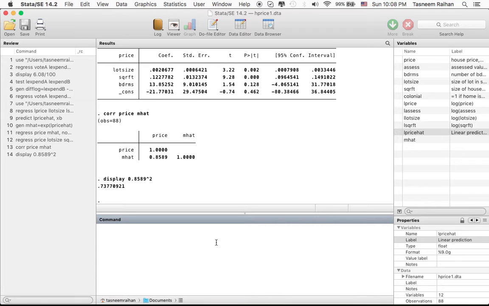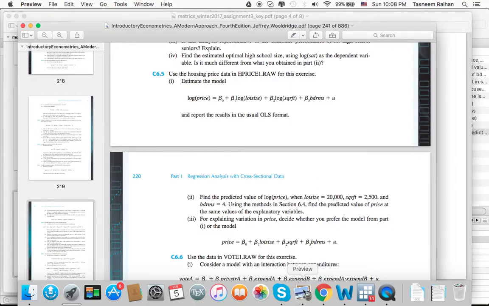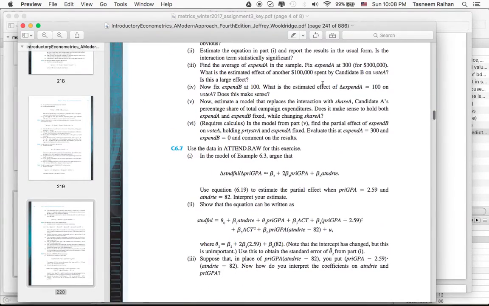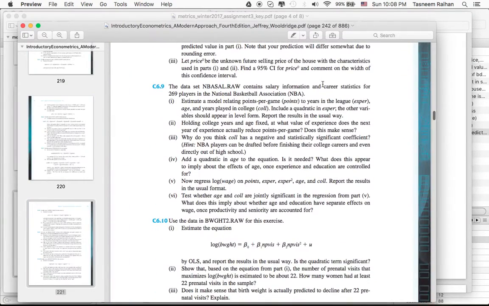That's computer exercise C9, from chapter 6 again. So C9, here we go. It says the data set nbasl.raw contains salary information and career statistics for 269 players in the National Basketball Association (NBA).